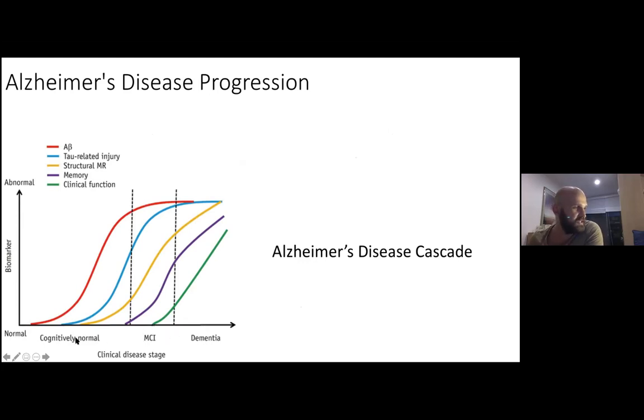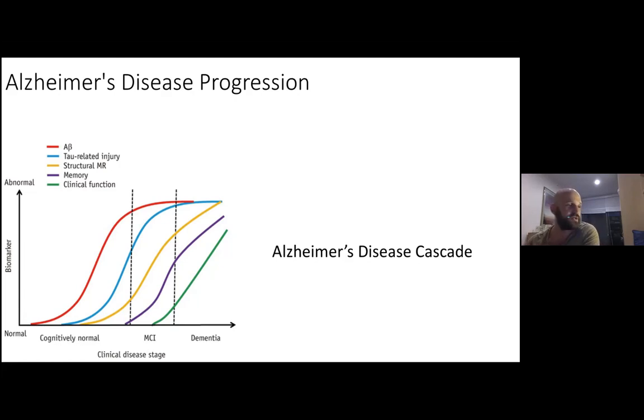Throughout these changes in clinical diagnoses, you see a change in biomarkers. For instance, when people are cognitively normal, they're starting to accumulate amyloid, which is a key protein in the Alzheimer's cascade. So while there might be these broad diagnostic categories, there really is a lot of continuous information in biomarkers happening under the hood of the patient, so to speak.